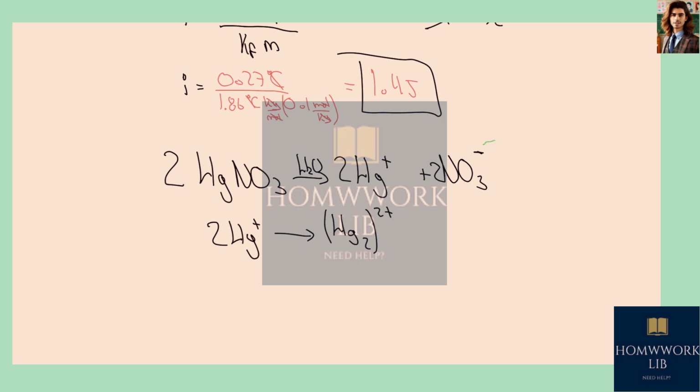So from the first reaction, the Van't Hoff factor would be equal to 2. But since a portion, alpha, is going to associate and generate a dimer, the value is going to be a little bit smaller than 2.